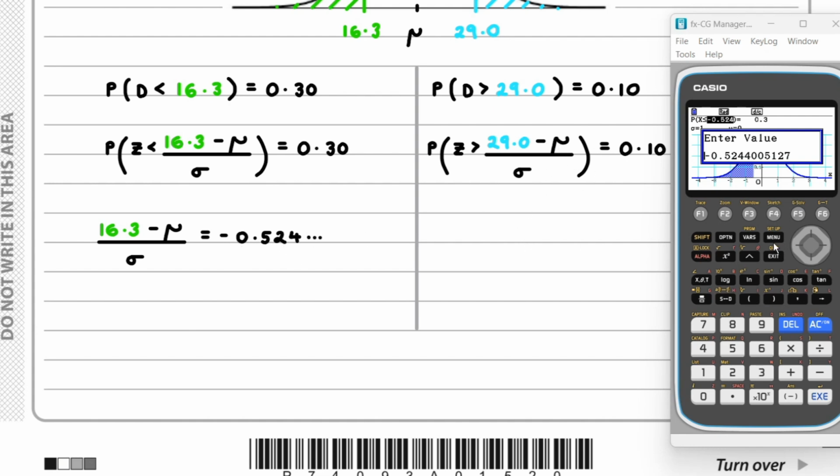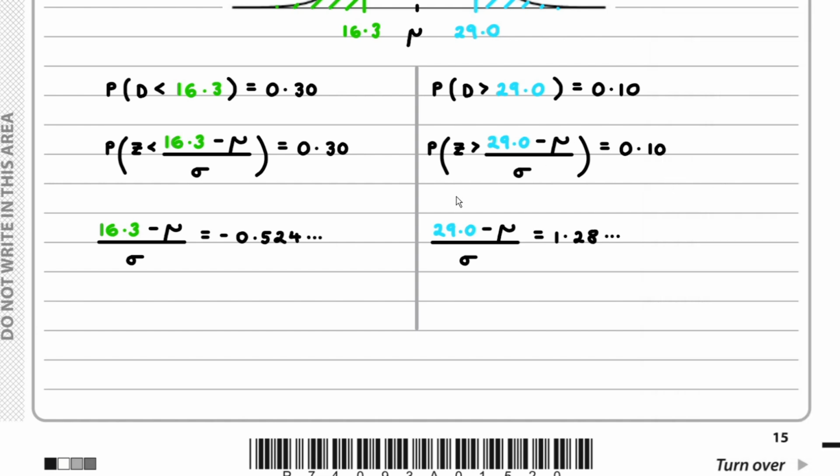And we can do the same thing here. If we change this type to x is greater than or equal to, change this to 0.10, what you will find here is 29.0 subtract mu over sigma is equal to 1.28, etc. So let's rearrange these equations.